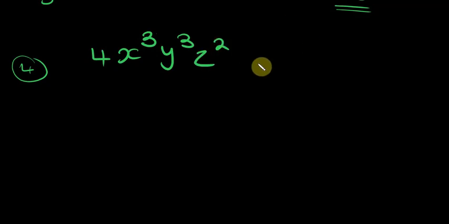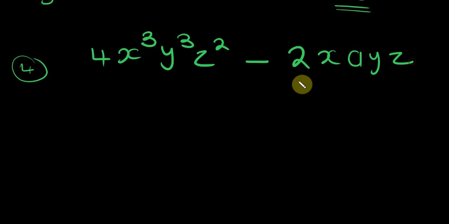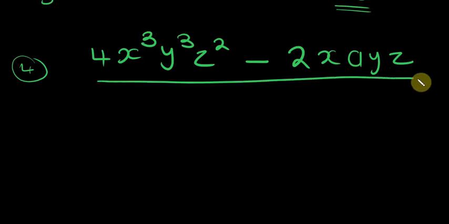Alright, fourth example. Let's say we have 4x cubed y cubed z squared minus 2xayz, divided by 2axyz.